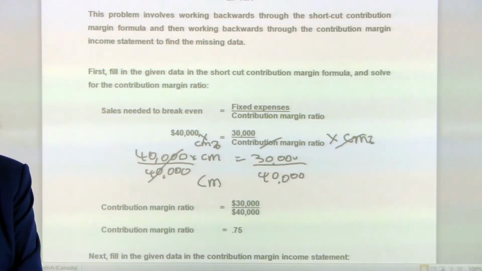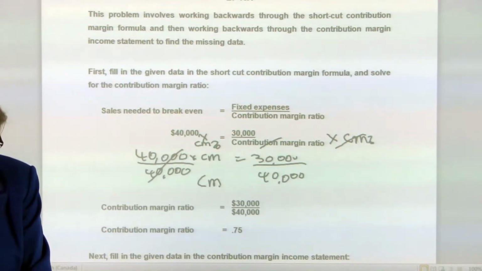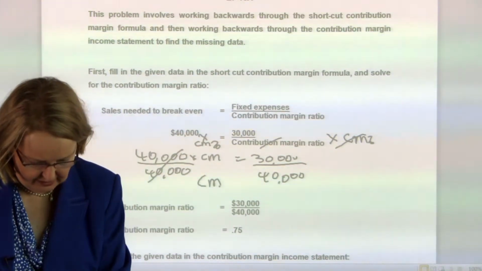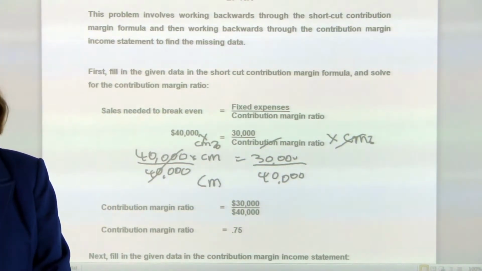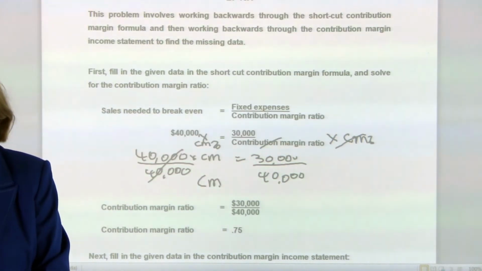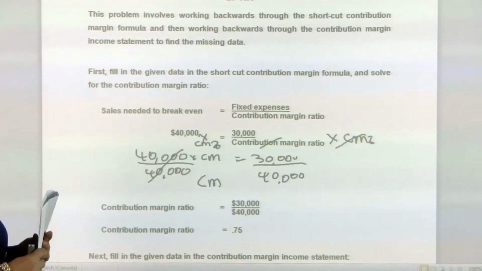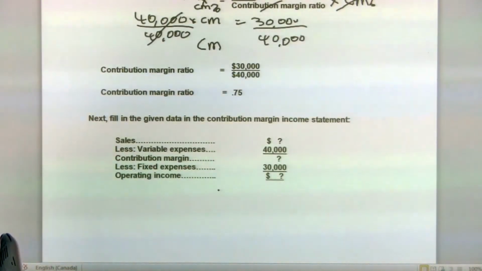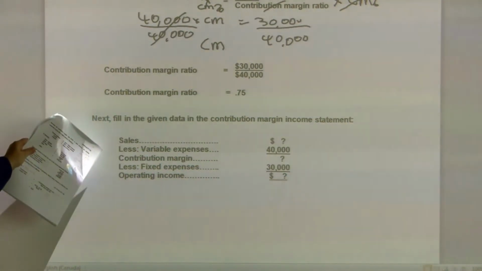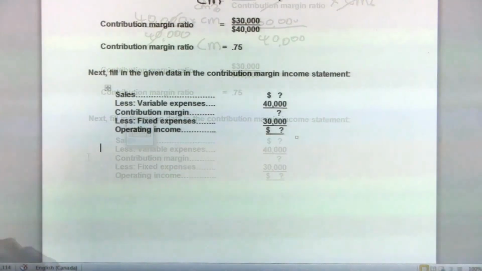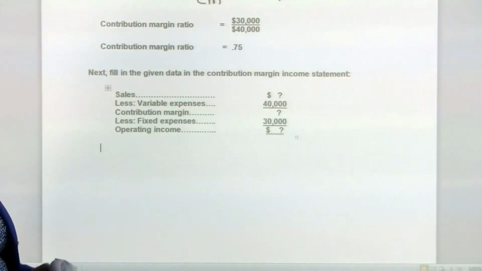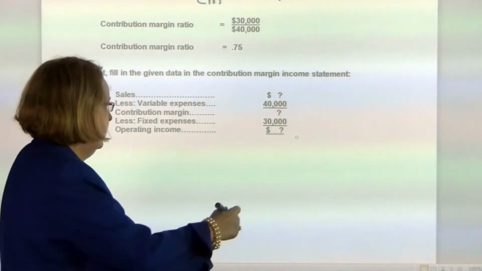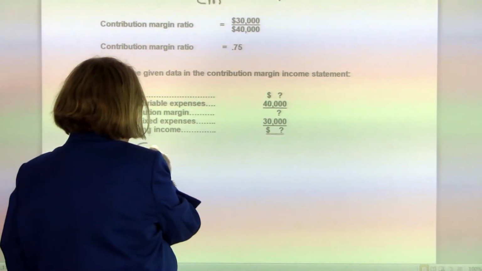So the next thing that we want to do is identify the operating income. So now that we have the contribution margin ratio calculated, we want to calculate our operating income. So essentially these are the missing pieces that we're looking for. When you're looking at coming up with a certain ratio, you need to remember you have sales.